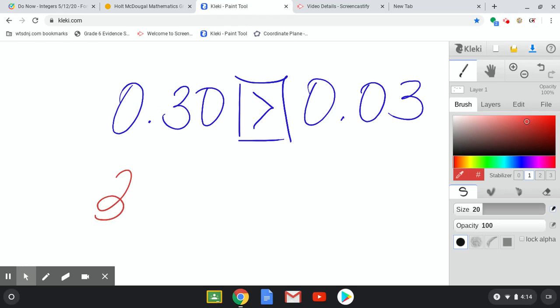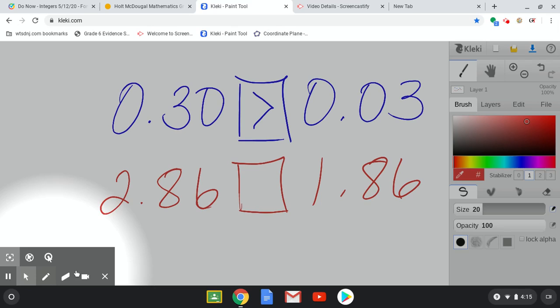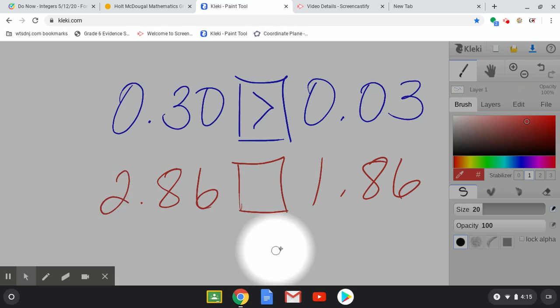All right, so if I had this decimal, and I was comparing it to this decimal. So we're going to go place value for place value. I have 4 in my hundreds, 4 in my hundreds. 0 in my tens, 0 in my tens.